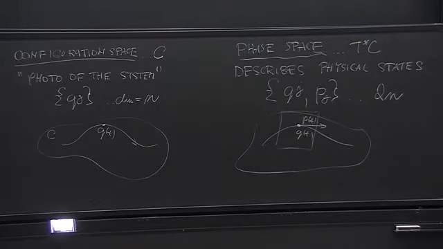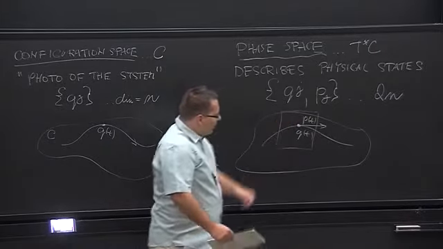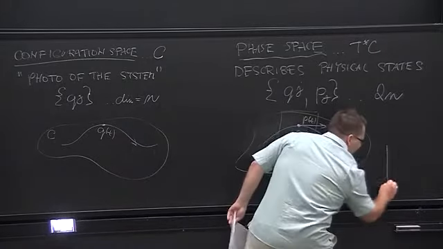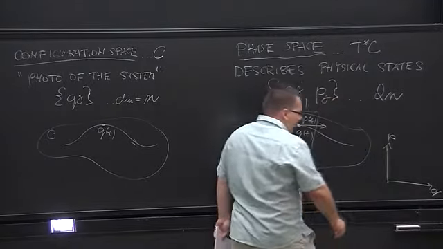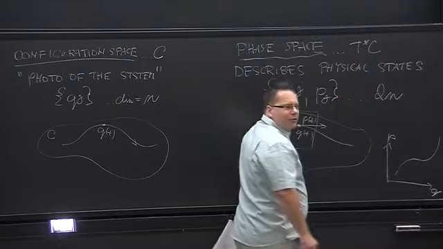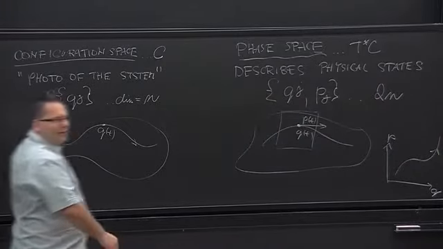The dimension is twice as much, and it has information about positions and information about velocities. Of course, people are much more used to thinking about this type of picture: I have information about q, I have information about p, and this is my trajectory in the phase space. The same thing.